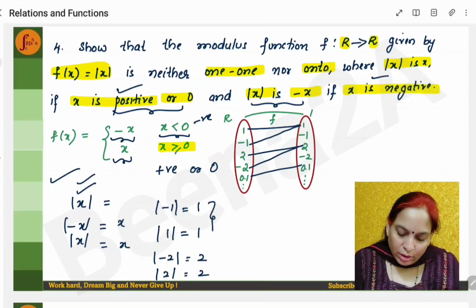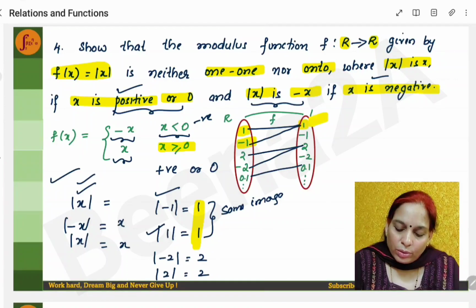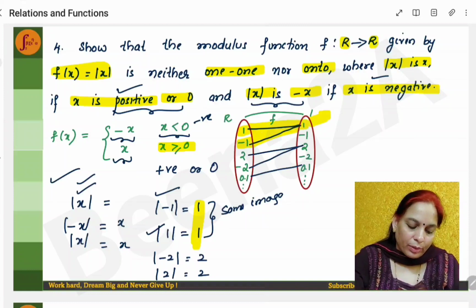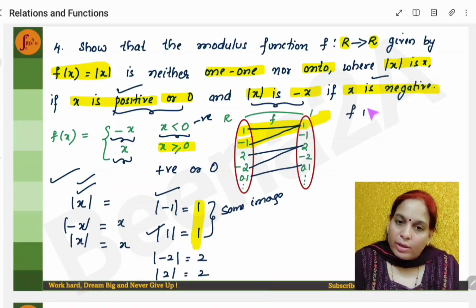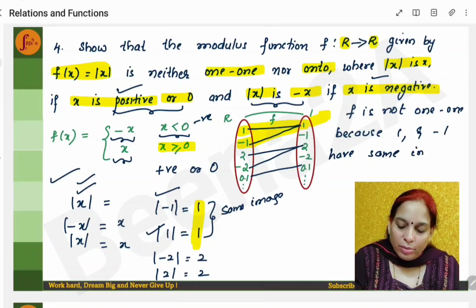Now, here itself, you can see that when you take x values as minus 1 and 1, you get the same image. So this is many to 1 because two numbers are mapped to the same number. So you can say f is not 1 to 1 because 1 and minus 1 have the same image.